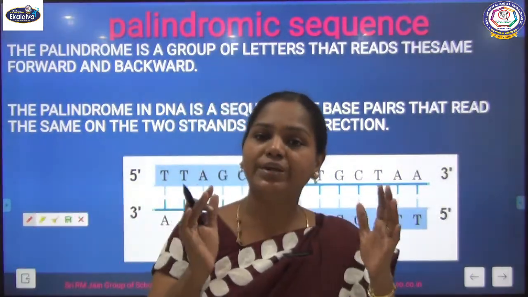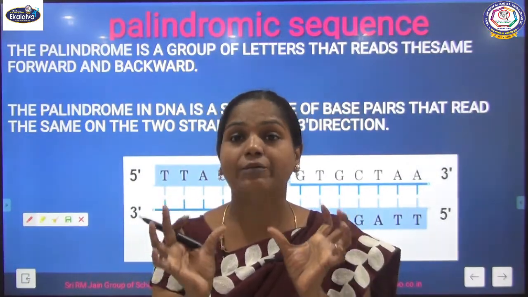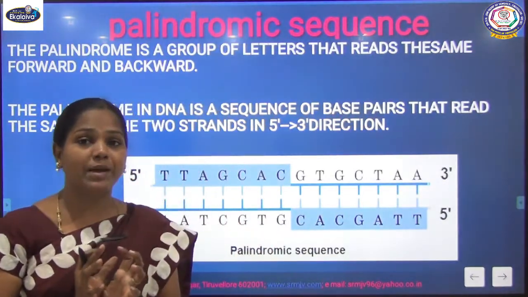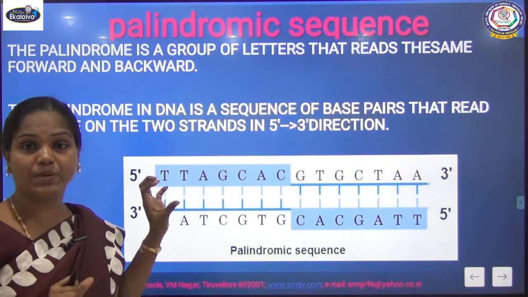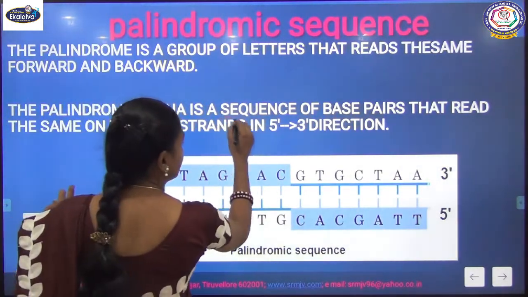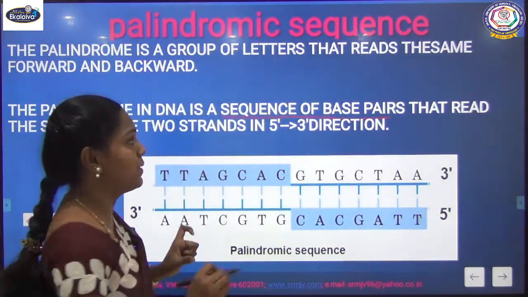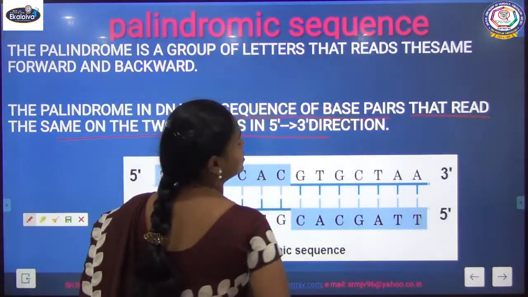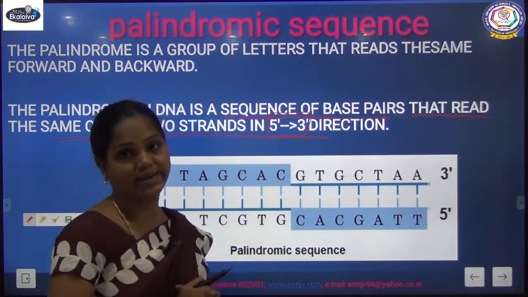When you read it forward and backward, you get the same word. Those kinds of words we call palindromic words. And what is a palindromic sequence? A palindrome in DNA is a sequence of base pairs that reads the same on the two strands in the 5' to 3' direction.